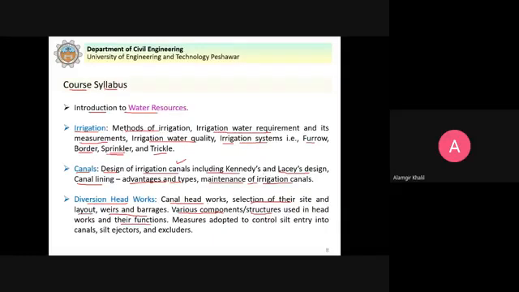As I said, canals carry water, so water may carry sediments. So we will study the measures adopted to control the silt entry into canals, because these silts can deposit in the canal beds.